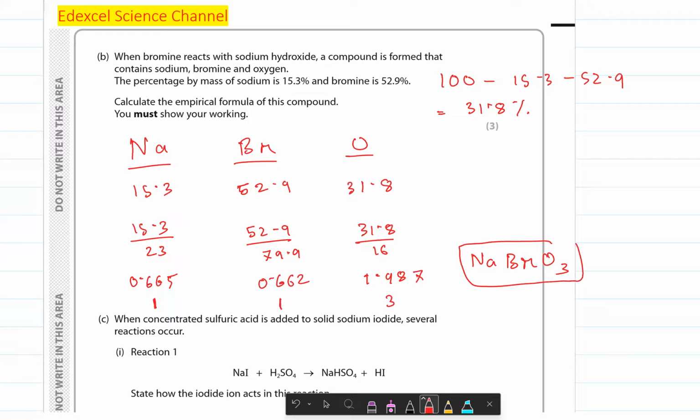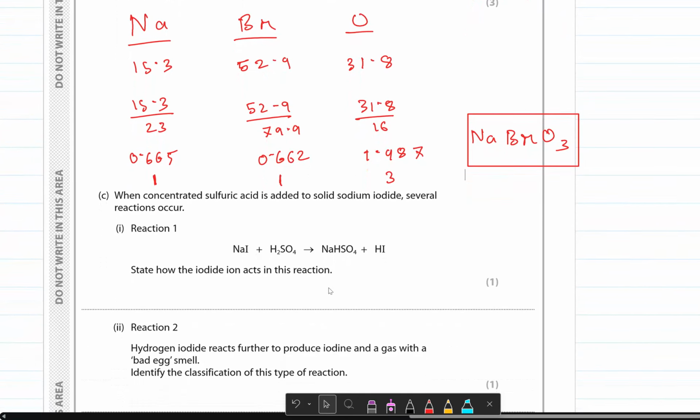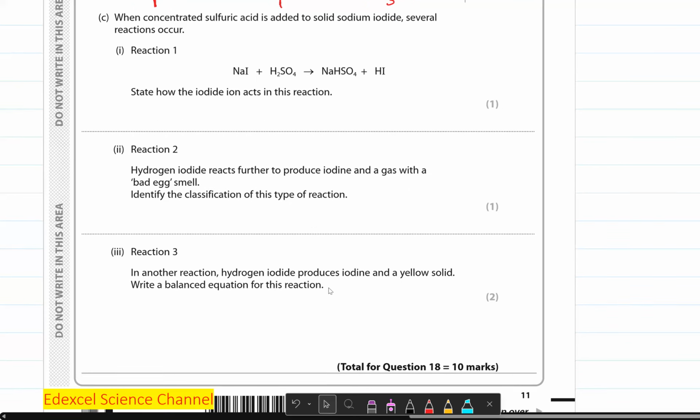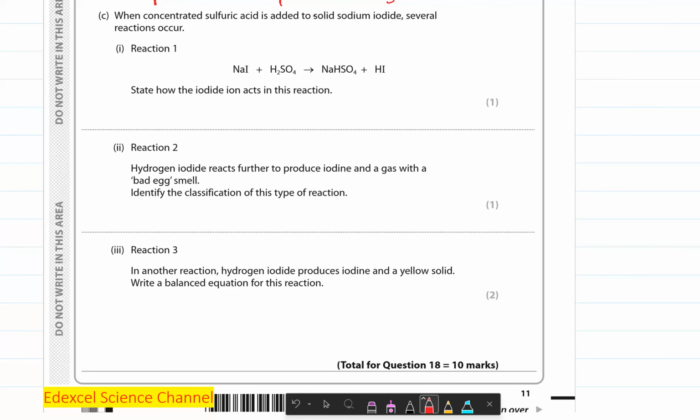This is also a halate 5 ion because the bromine has an oxidation number of 5. I always tell my students to memorize all this information because that is the best way to score marks in chemistry.